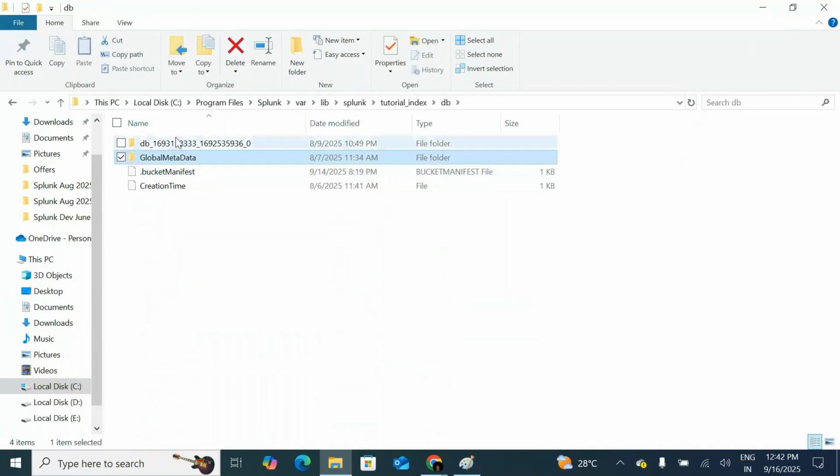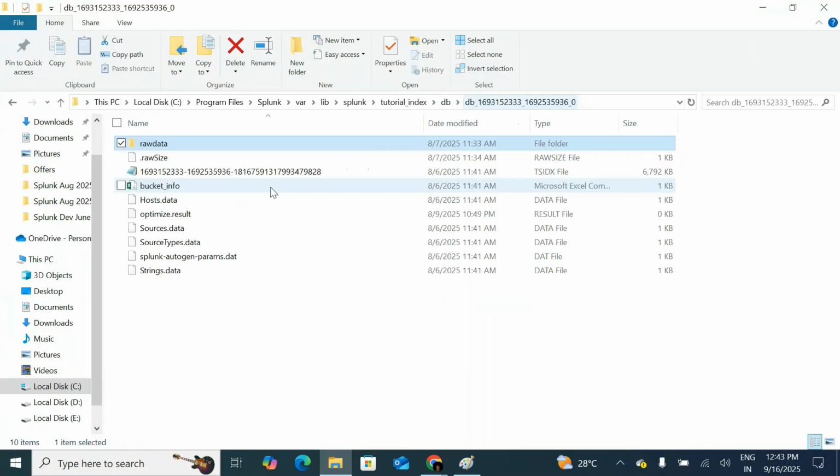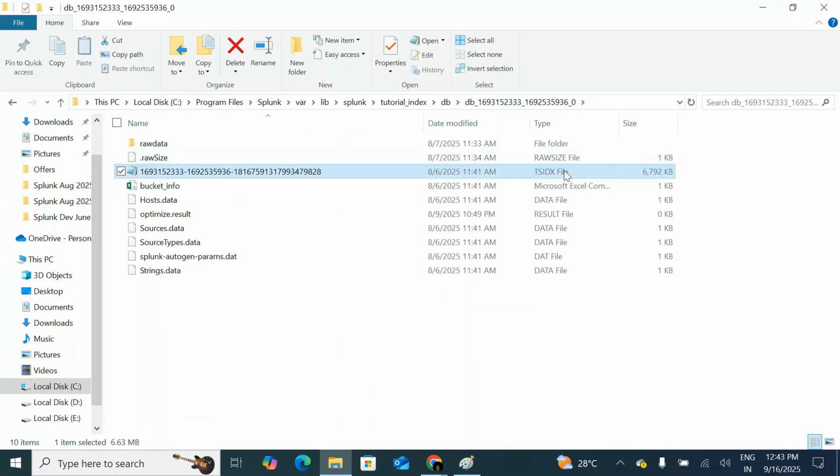In my DB, the raw data is in the journal zip file format, and then the TS-IDX will be this one. Understand, sir? The raw data will be automatically created with metadata, and both will be stored. So raw data is in the form of journal, whereas metadata is in the form of TS-IDX.